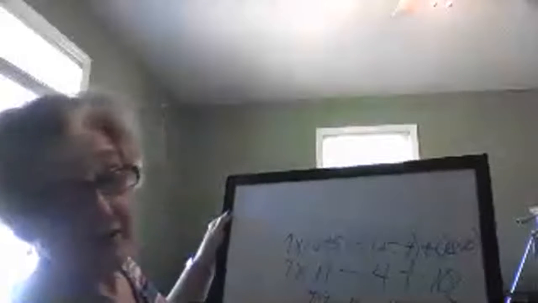So now, you're going to work that out. 7 times 11, 77, minus 4, plus 100. 77 minus 4 is what? 3.